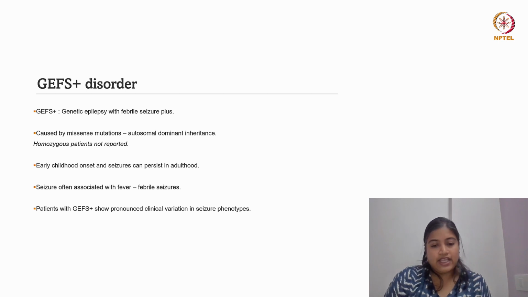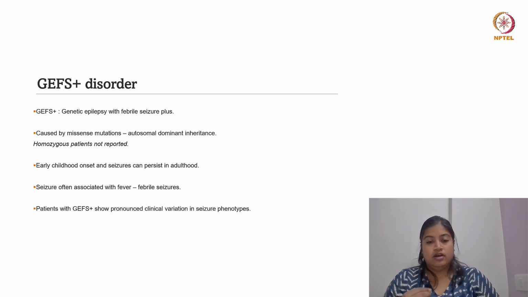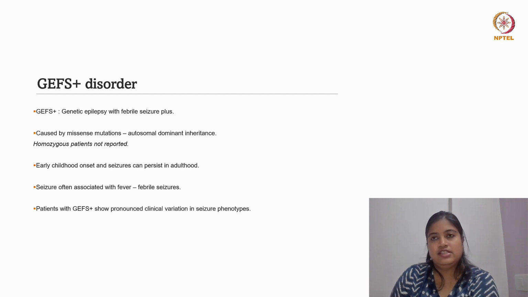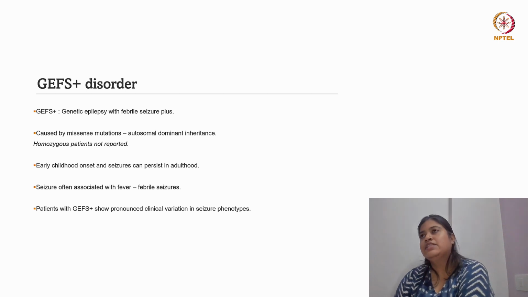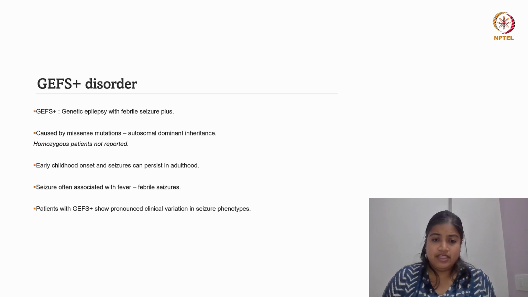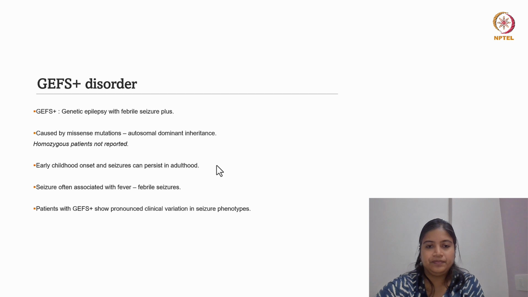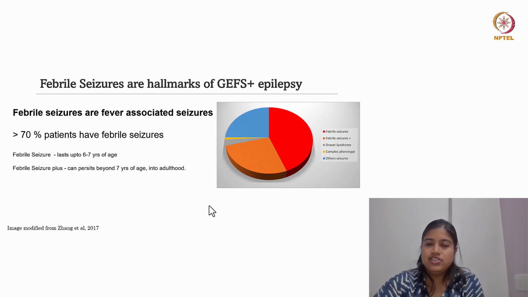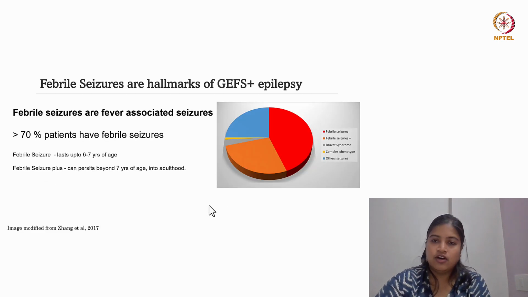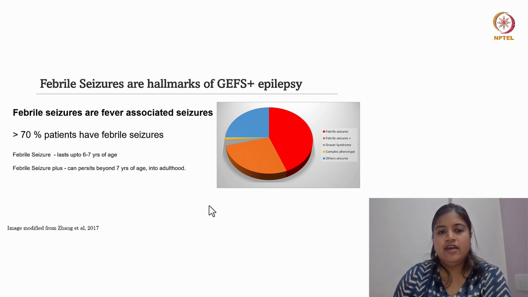So patients with GEFS plus show pronounced clinical variation in seizure phenotype, and sometimes family members having the same gene mutation can also show different seizure phenotypes, and they also respond to drugs differently. Febrile seizures are considered a hallmark of GEFS plus epilepsy.